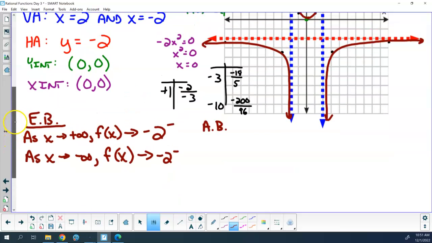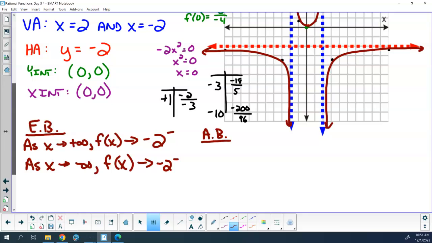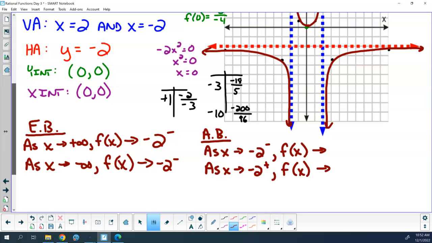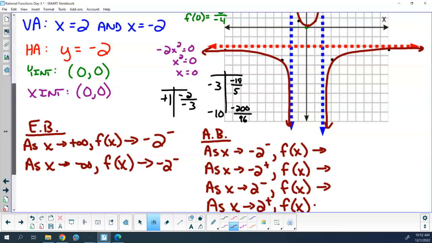Now we'll do asymptote behavior. As x is approaching -2 from the left, where's my function going? As it's approaching -2 from the right, where's my function going? As it's approaching +2 from the left, where's my function going? And from the right, where's my function going?